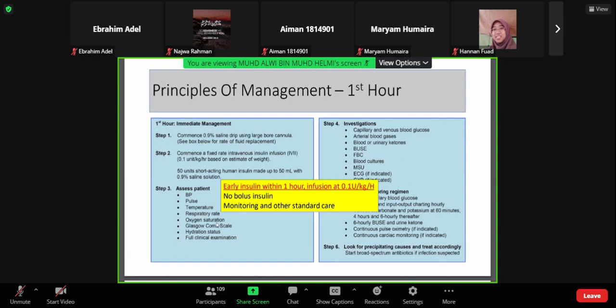Step three is the assessment, and finally just monitor after you give insulin. Those are the two main treatments, fluid and insulin. The rest are monitoring and treating whatever needs to be treated, for example potassium or sodium, which go after insulin and fluid. Remember, no bolus insulin. You only give bolus fluid.